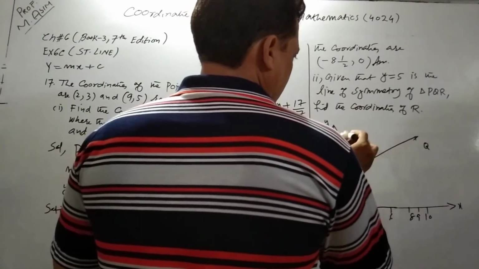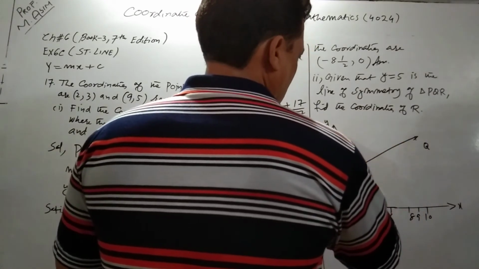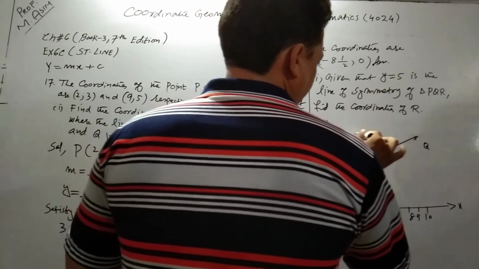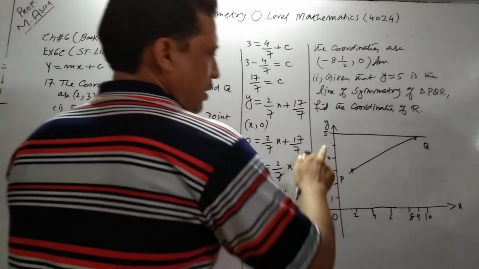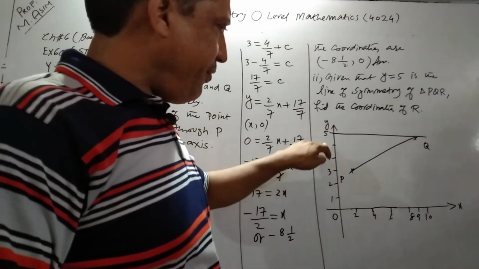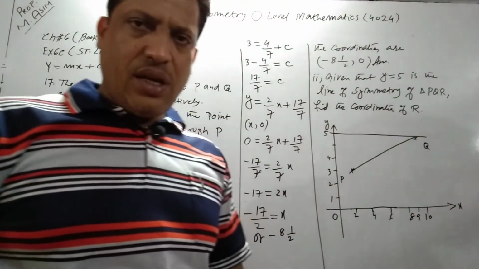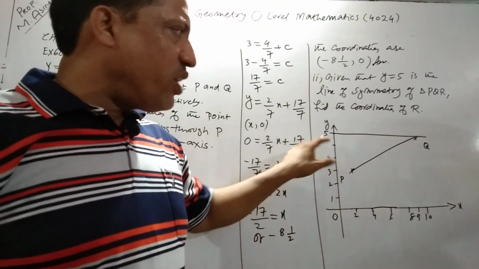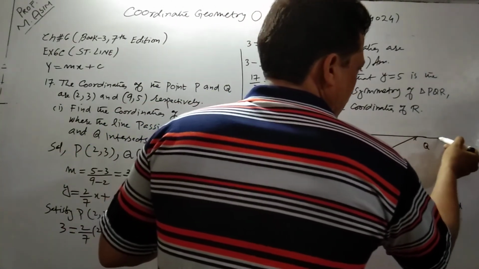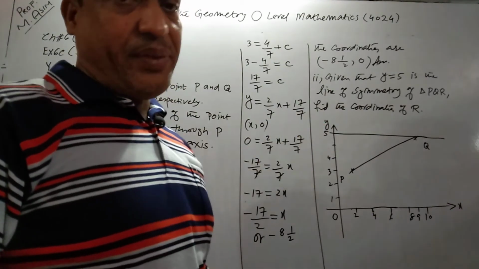So if I say this is 5, and I draw the line, no matter if the gap is not the same, because this is not our requirement, and this is the line. Okay student, this line is the line of symmetry.